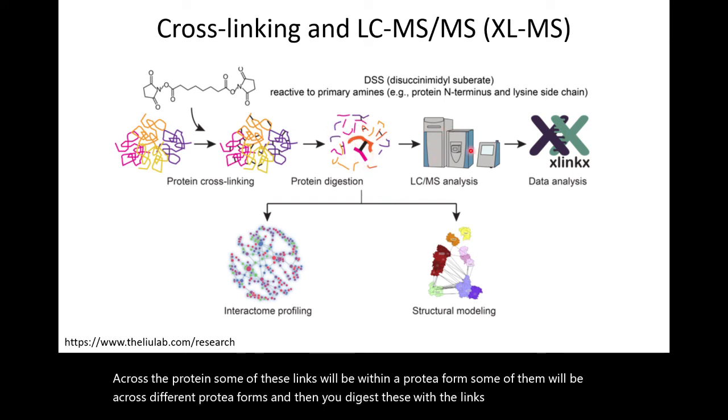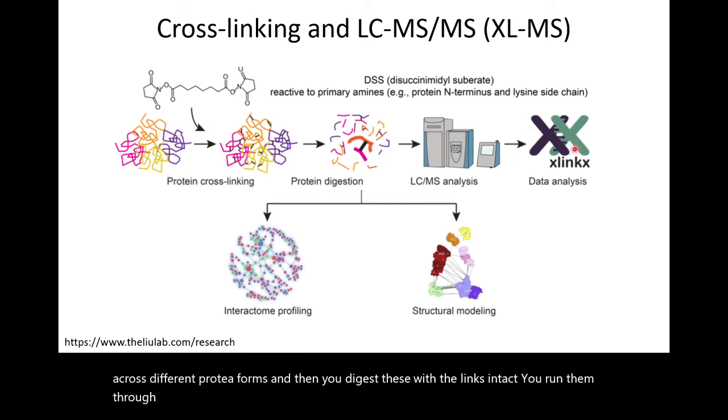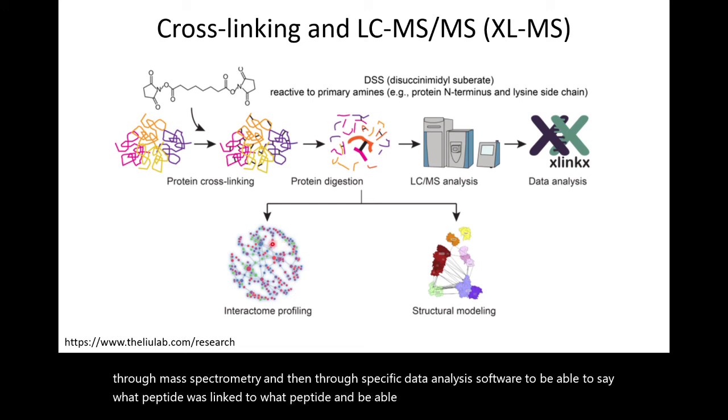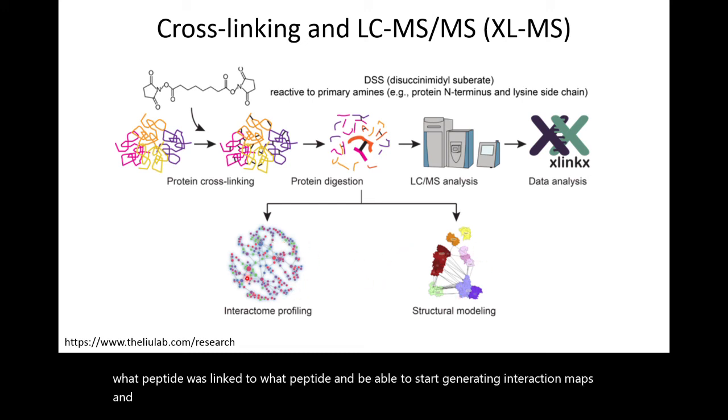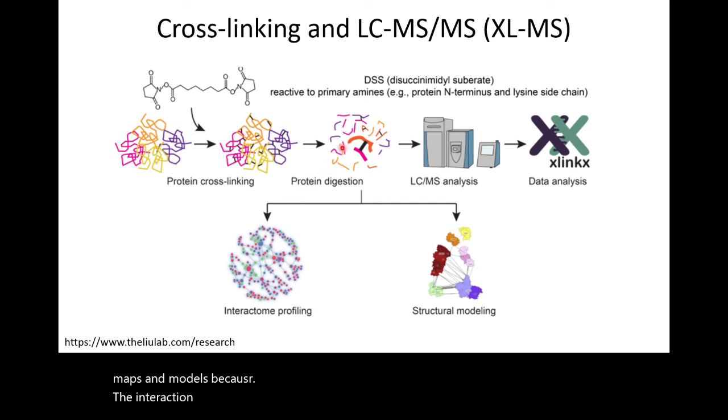You run them through mass spectrometry and then through specific data analysis software to be able to say what peptide was linked to what peptide, and be able to start generating interaction maps and models, because the interaction map comes from a particular peptide from one proteoform being detected joined to a different peptide from another proteoform.